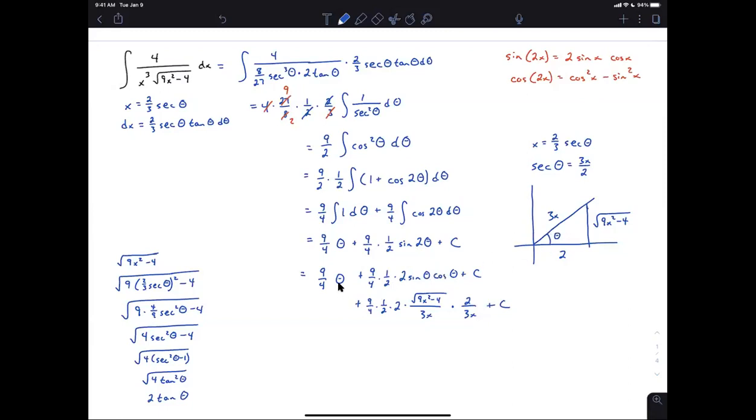When we have theta not in a trig function, we use inverse trig, and we go back to the original substitution. So we go to this equation, the one where we solve the original substitution for secant theta. And what we say is, okay, if secant theta is 3x over 2, theta is inverse secant of 3x over 2.